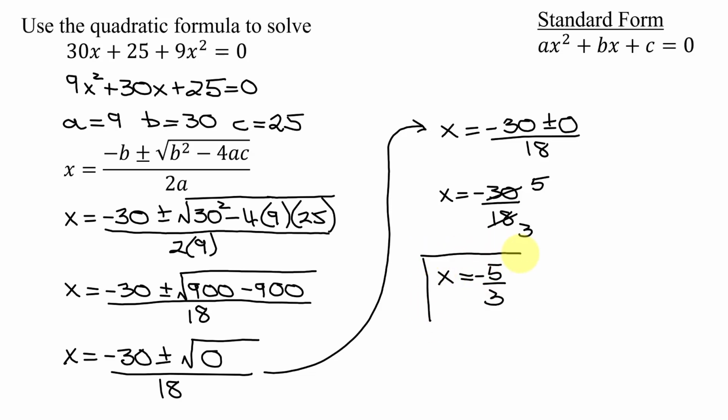So notice for this quadratic equation, I just get one solution. It's real, it's rational, and that always happens when the discriminant is 0.